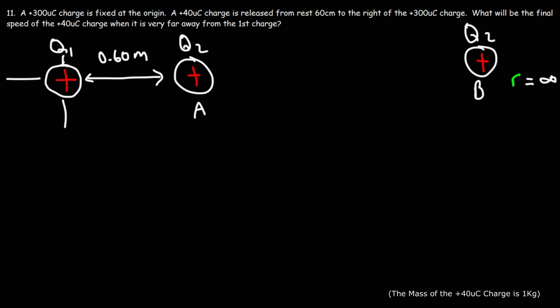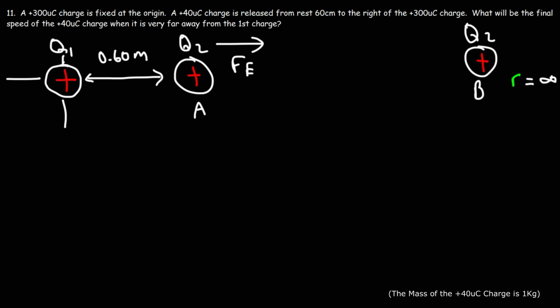Now, are there any external forces being applied to Q2? The only force acting on Q2 is the electric force. Q1 is going to repel Q2. There are no external forces acting on Q2. Therefore, energy will be conserved.